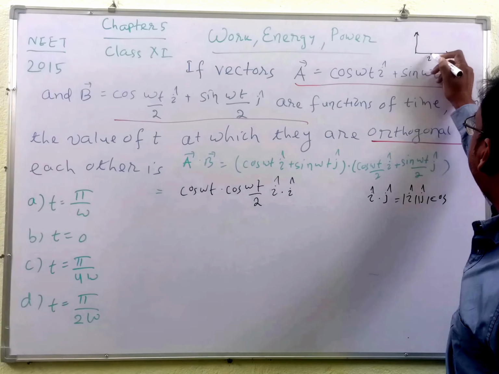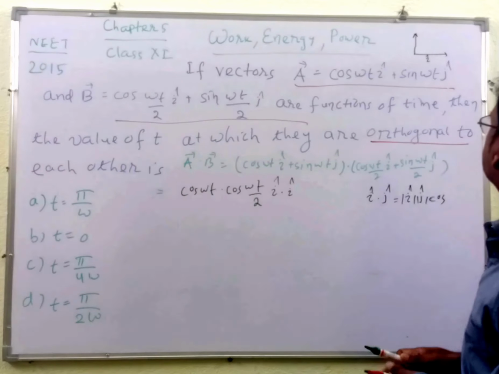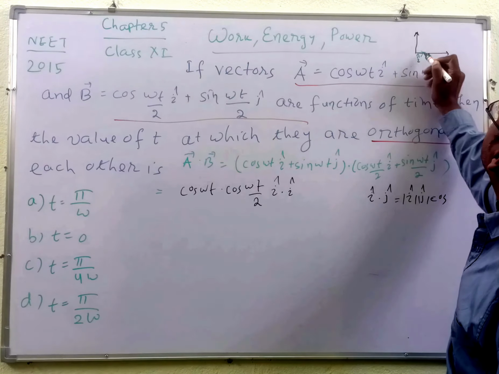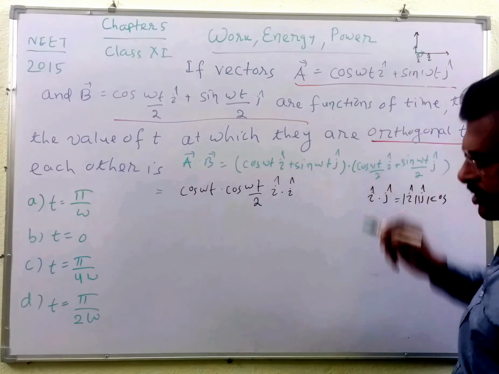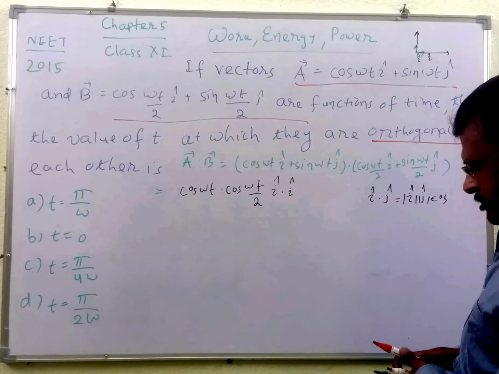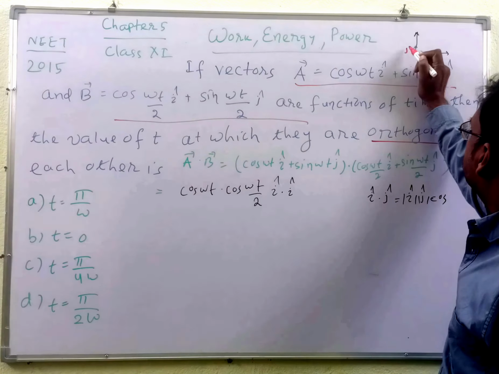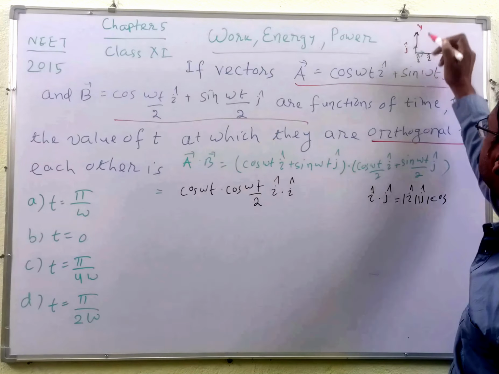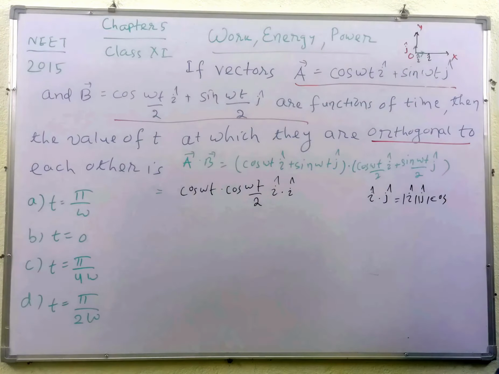We know i cap is the unit vector along x-axis. This is i cap, and this is j cap, the unit vector along the y-axis. This is x-axis and this is y-axis. This is the origin. Okay, student.